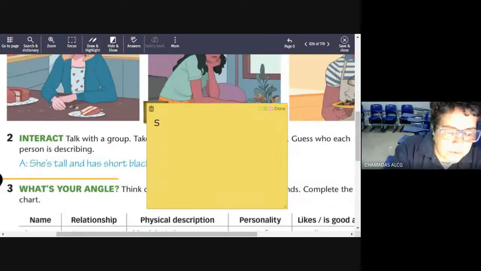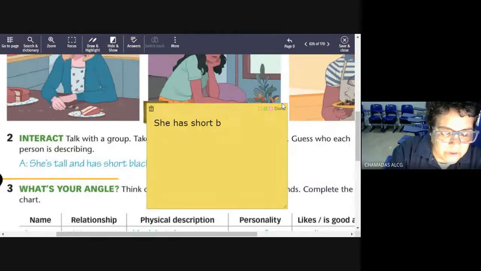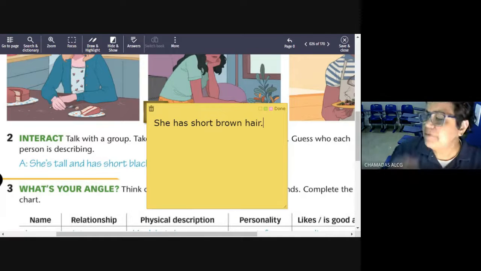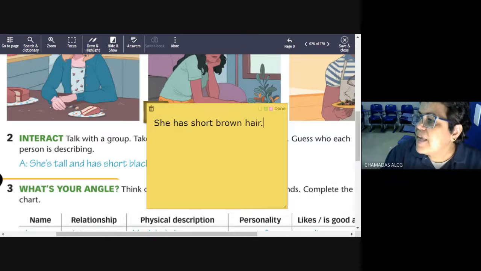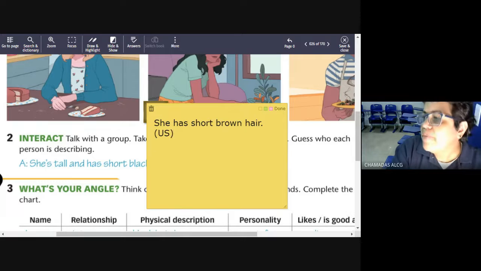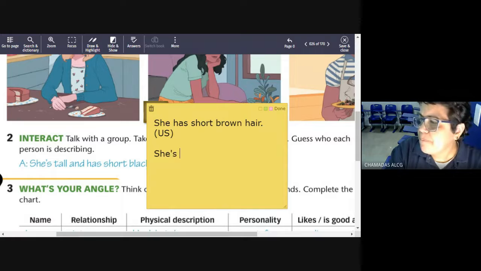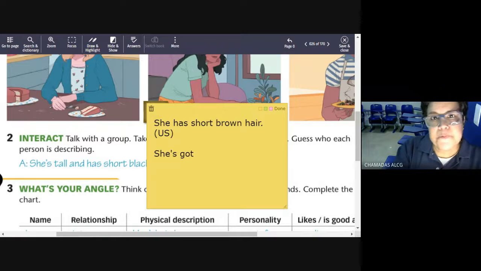So for example, she has short brown hair, for example, okay? Here, instead of using, this is in the US, okay? In the USA. Now, in England, they say, she's got, okay? Short brown hair.